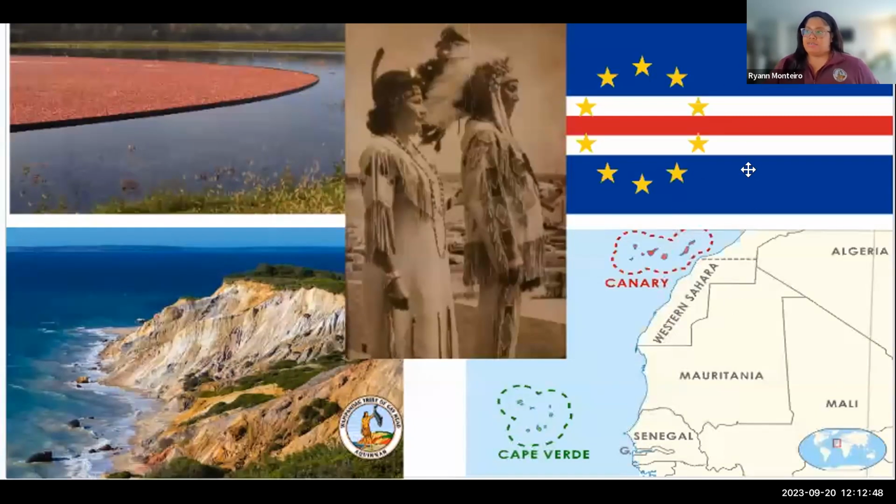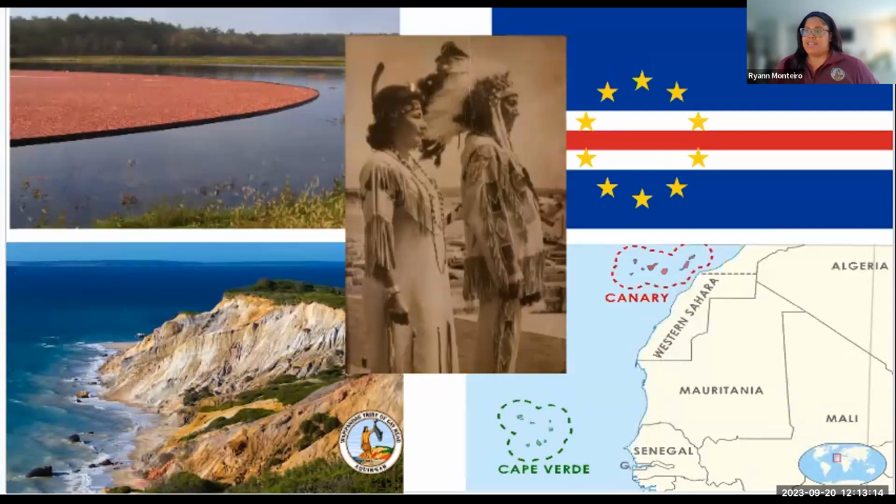And on the right-hand side, there's a picture of a Cape Verdean flag. Cape Verde is a series of islands off the west coast of Africa. My mother is fully Cape Verdean. The Wampanoag ancestral line comes from my father. And in the middle is a picture of my great grandmother, Anna Martin, with her uncle, Lorenzo Jeffers.